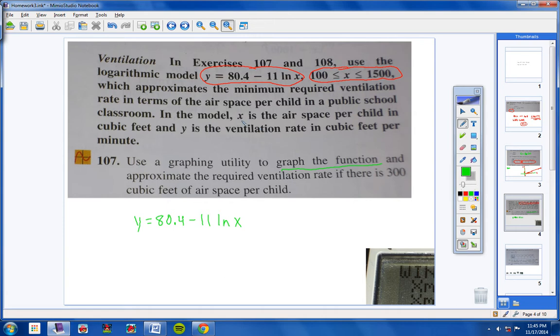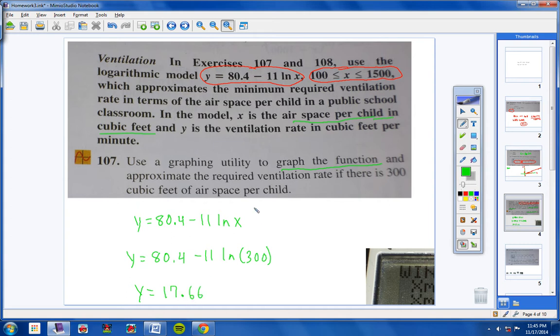Well, let's see, X is the airspace per child in cubic feet. So that's your X. Okay, so all you have to do is put in 300. Okay, if you type that in correctly to your calculator, we'll get out for y 17.66.